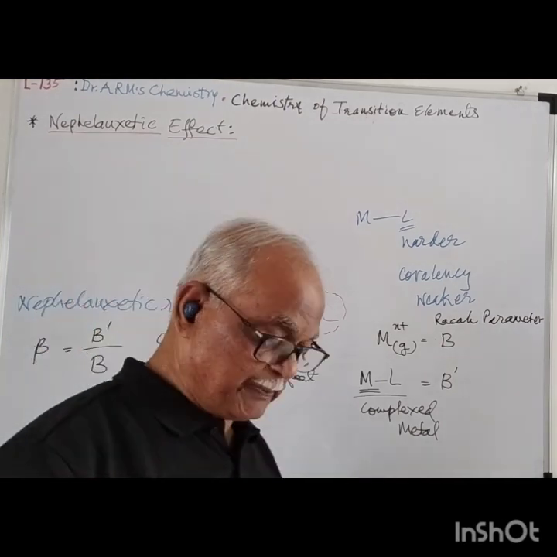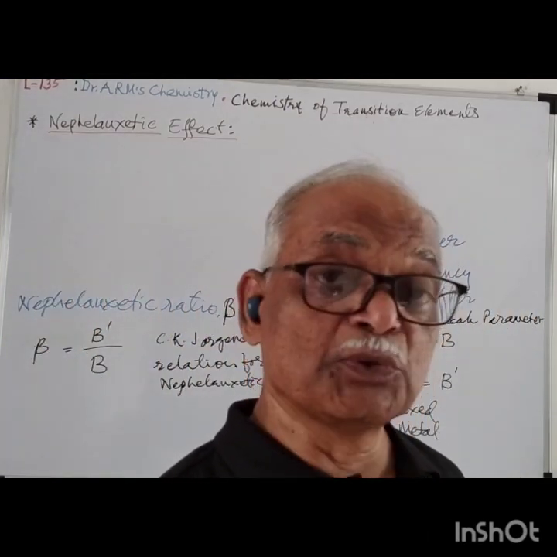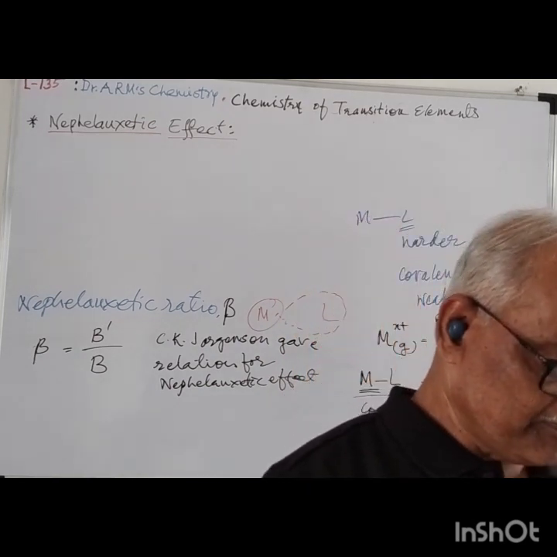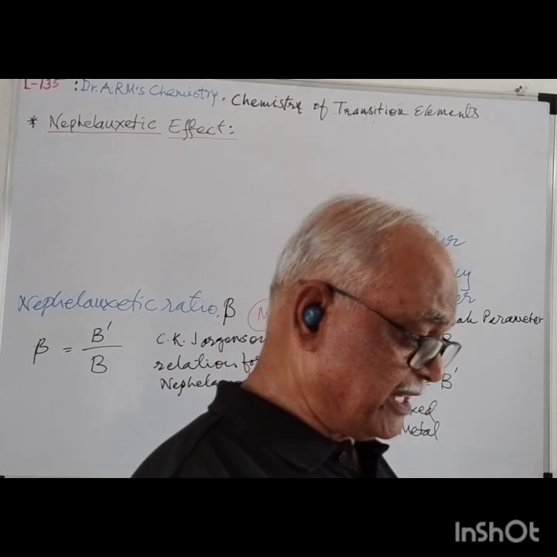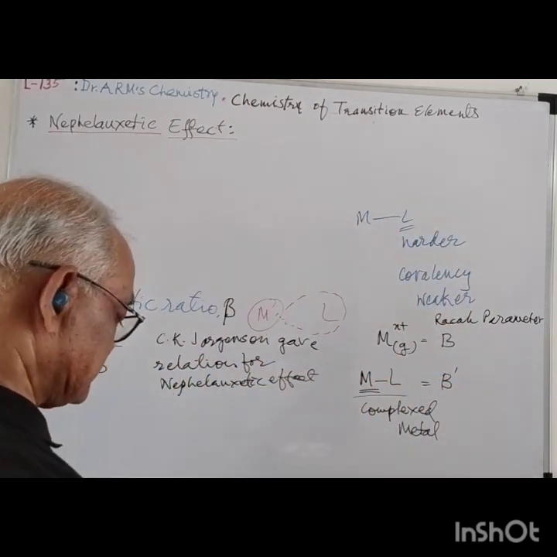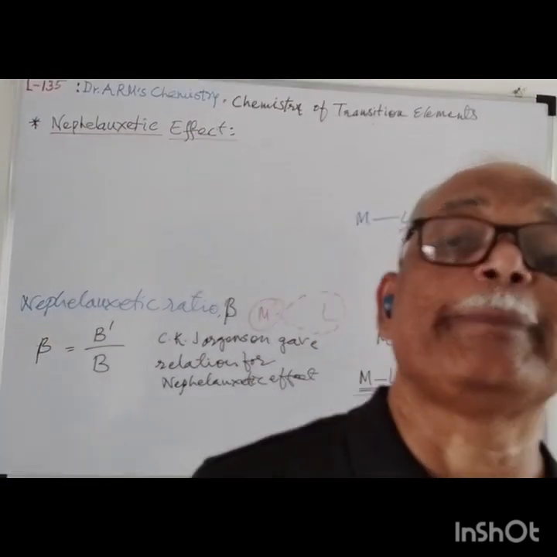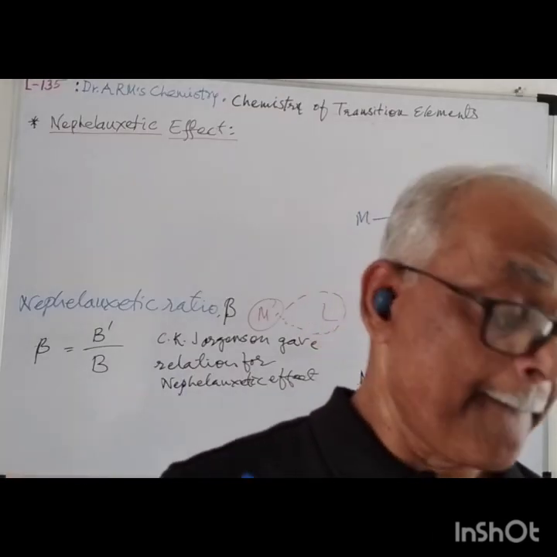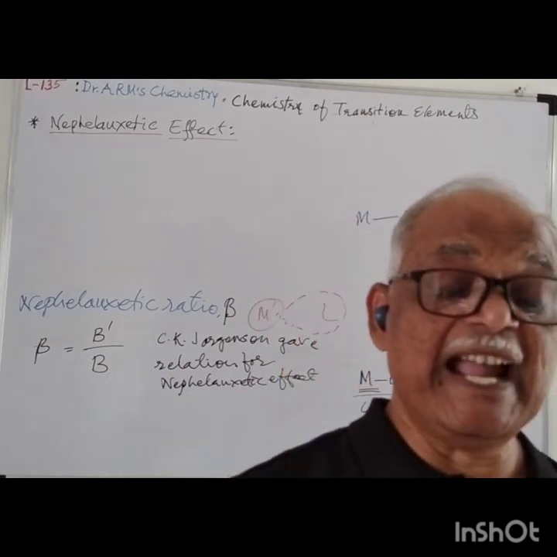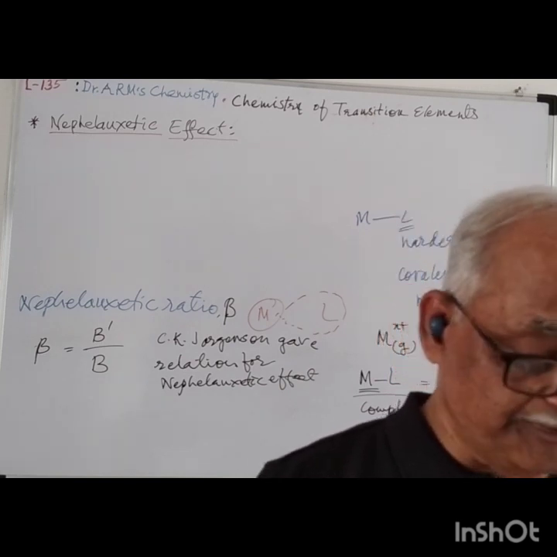And for this purpose he used the two symbols, that is the parameter characteristic of the ligand. So this Nephelauxetic effect is a product of the parameter characteristic of the ligand and parameter characteristic of the metal ion.